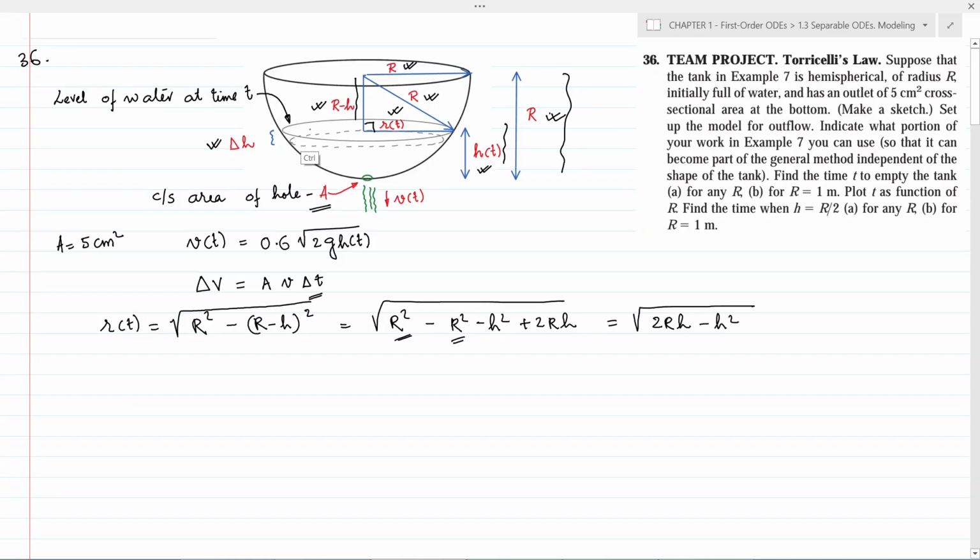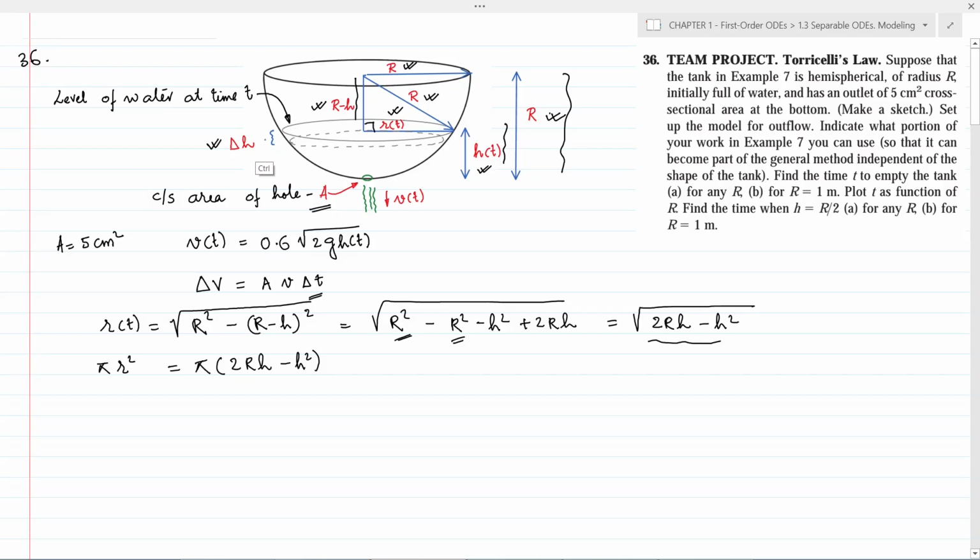So, the cross section of the level of water can be written as pi r squared, which is equal to pi multiplied by this term squared, which is 2Rh minus h squared.